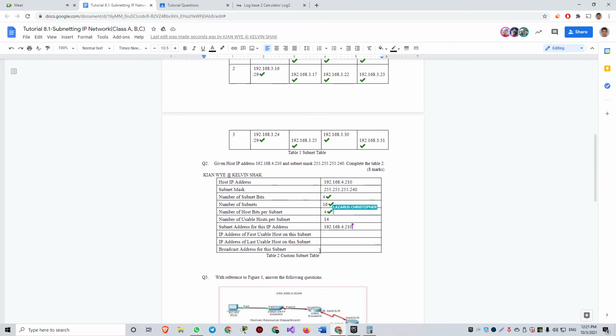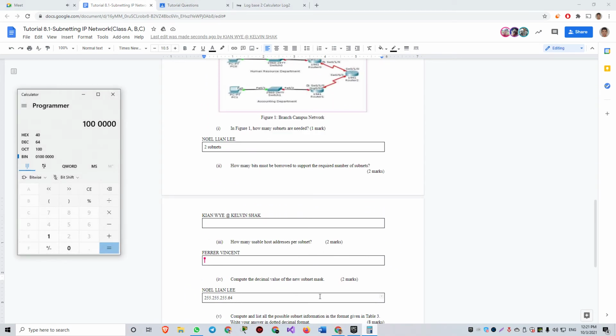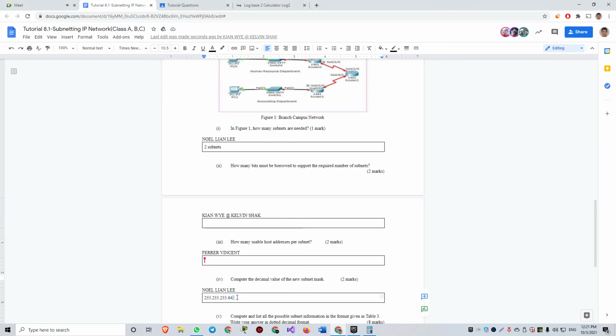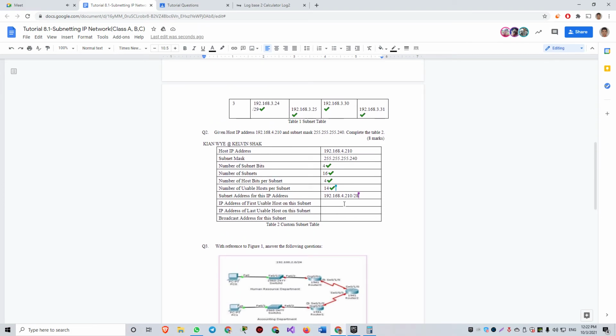Using the 2 to the power of n minus 2 formula, we get 14 usable host addresses. So it's the same thing, but a different way of asking the question. As long as you understand the concept, you'll still be able to answer.